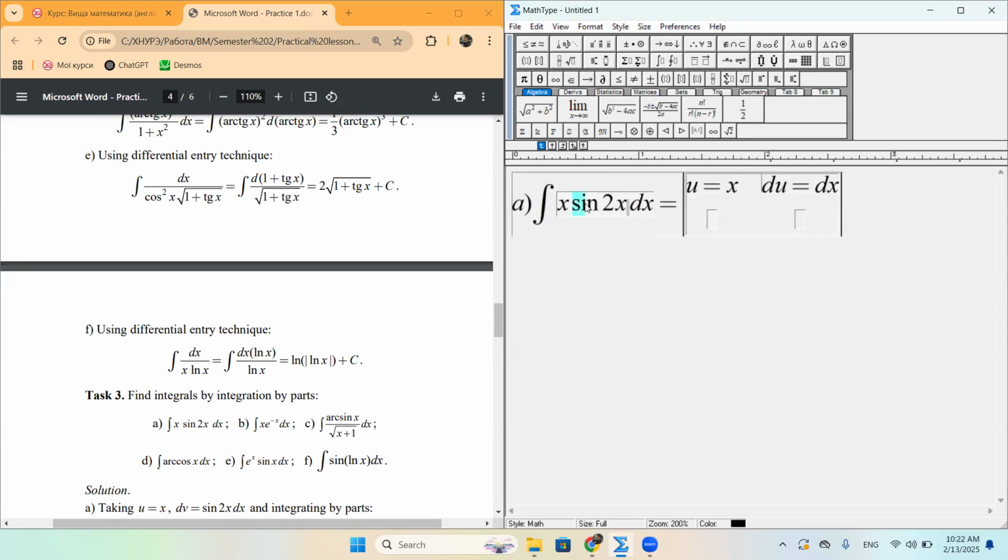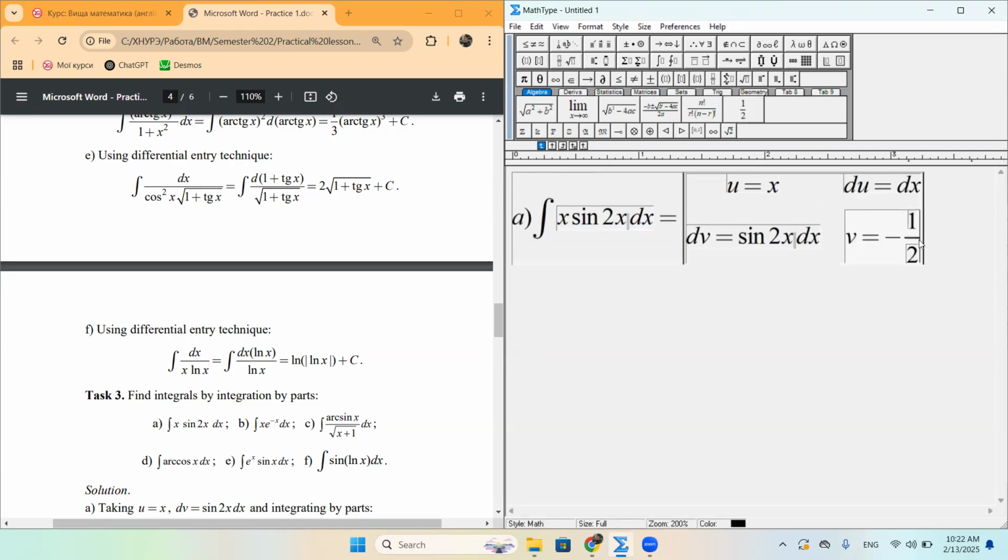Now dv equals sine of 2x dx, and v, we just need to integrate this expression, so v equals minus 1/2 multiplied by cosine of 2x. So we have everything to integrate by parts.